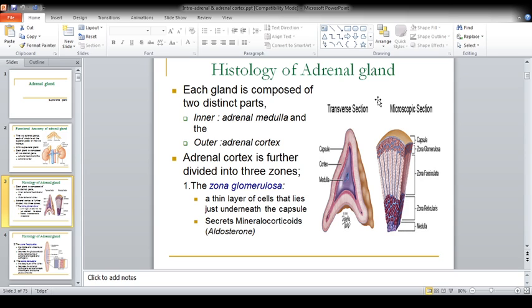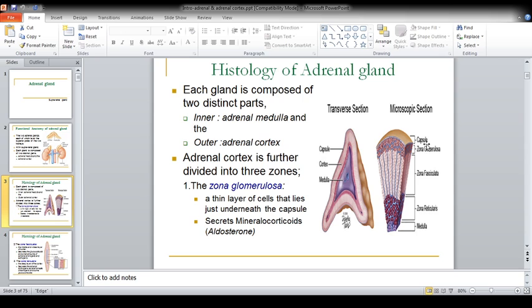You can remember it by the mnemonic GFR. GFR is the glomerular filtration rate that we've studied in kidney. We'll study this in renal physiology in the next semester too. So GFR stands for glomerular filtration rate, and GFR also stands for glomerulosa, fasciculata, and reticulosa.